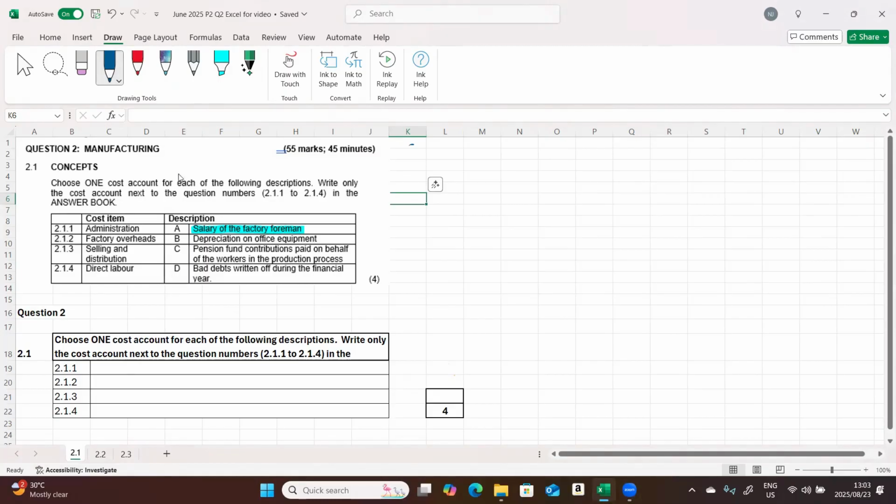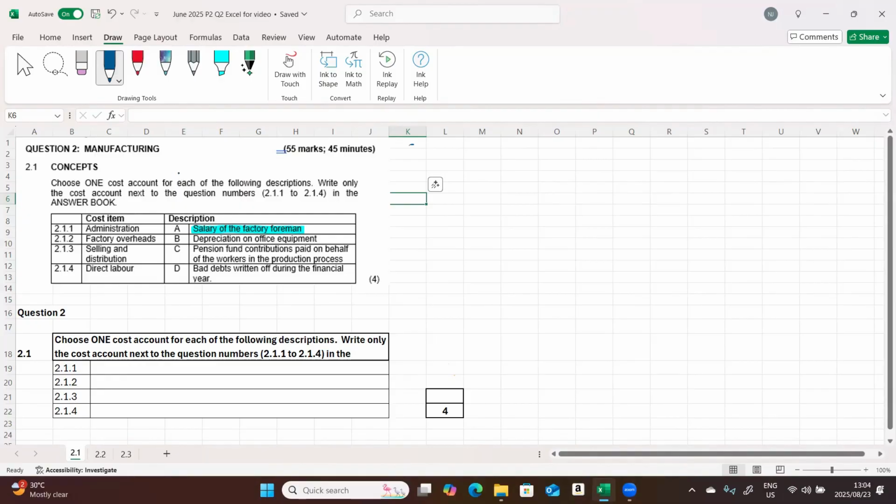All right, so the salary of the factory foreman, guys. The factory foreman is involved in my production process, right? But he is not involved in the making of the product, in the manufacturing of the product.